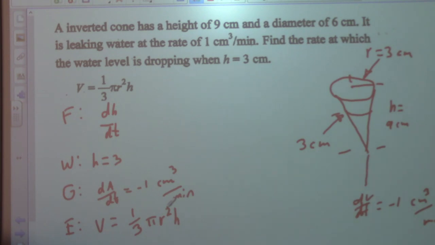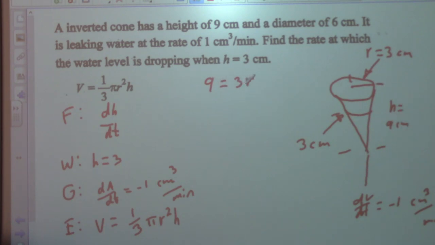Derivative. Okay, but even before that, you have two variables in here, right? We want to find dH/dt, but we have this r in here, so what would help us? We know that our height, 9, is equal to 3 times our radius, right?